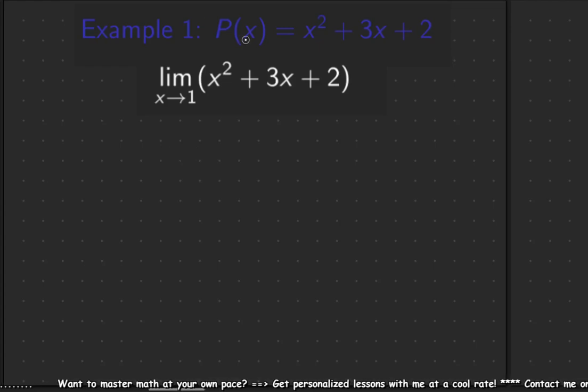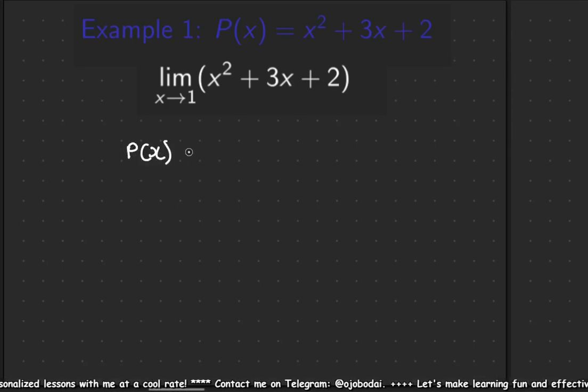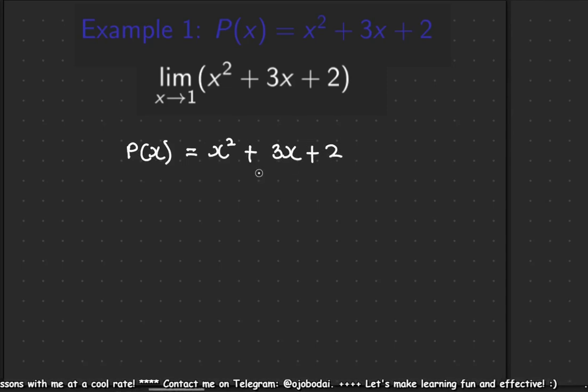Our first example here: our polynomial p of x is given by x squared plus 3x plus 2. After solving, I'll do my best to illustrate it on a diagram for us to have a feel of it graphically. So what do we want to do? We want the limit of this polynomial as x is approaching 1. So in our solution, we know p of x is given by x squared plus 3x plus 2.